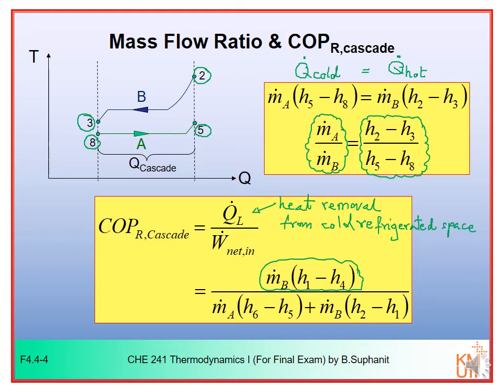For W net in, you have to supply work to both compressors: for cycle A, that would be mA multiplied by (h6 minus h5), and work required for cycle B, mB multiplied by (h2 minus h1). So you have the work required for two compressors. And QL is the heat removed from cycle B only.